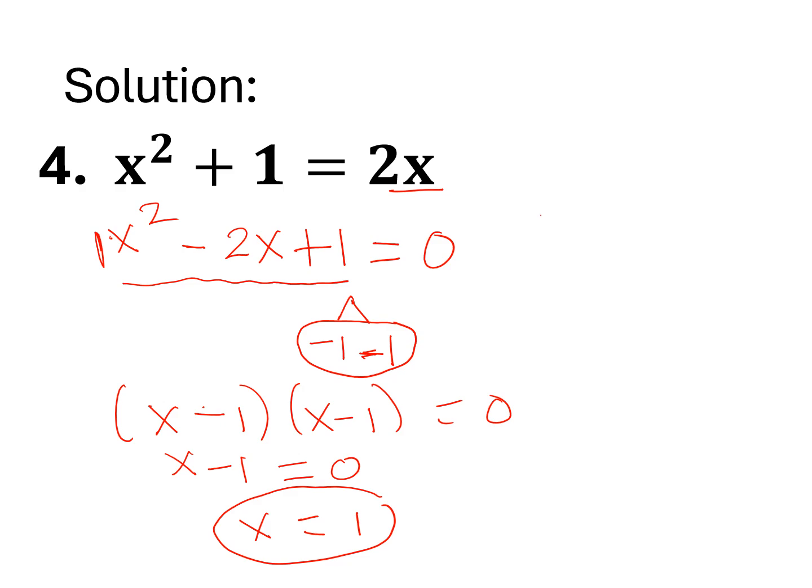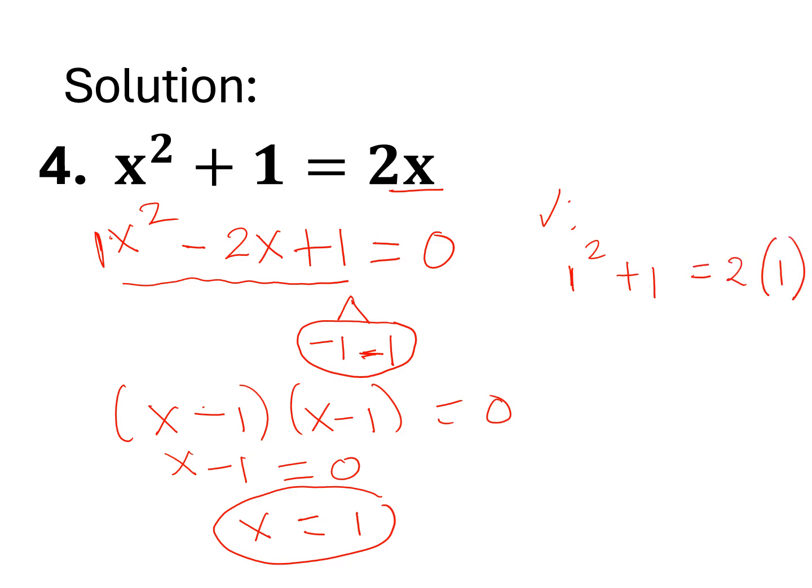Now we will check if positive 1 satisfies the quadratic equation x squared plus 1 equals 2x. We substitute 1 for x: 1 squared plus 1 equals 2 times 1.